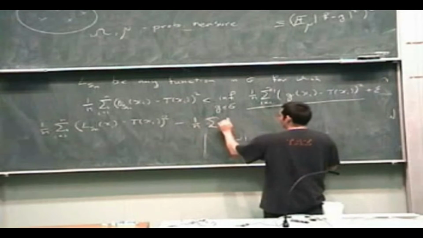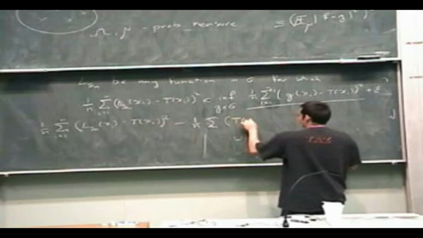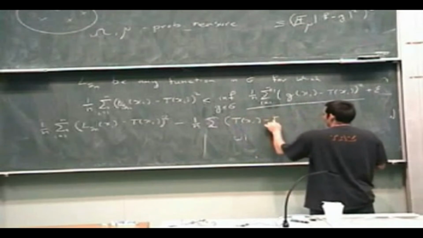Because here I'm taking the infimum over all elements of the class, but this element doesn't depend on the particular g.